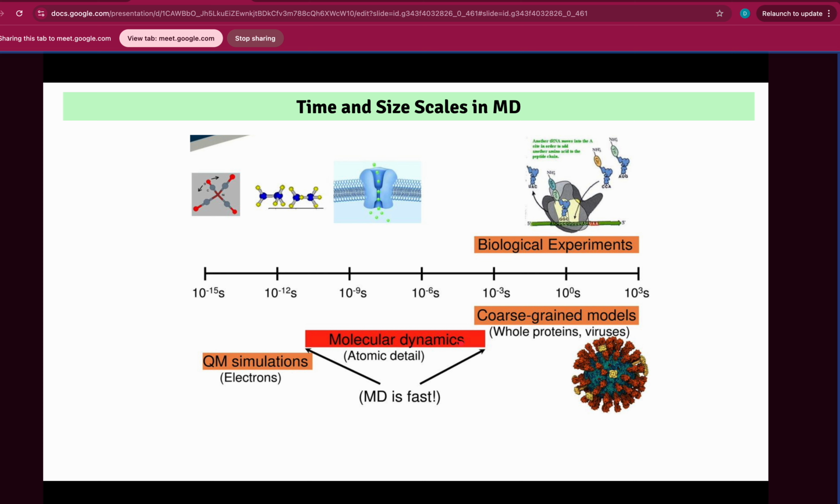Molecular dynamics simulation acts at the level of atomic details, and this one is fast. Then come coarse-grained models, in which we study whole proteins and viruses, how they change conformations with time, and the biological events taking place from milliseconds to seconds, such as protein folding, translation, and transcription. All those things take place in this time period.